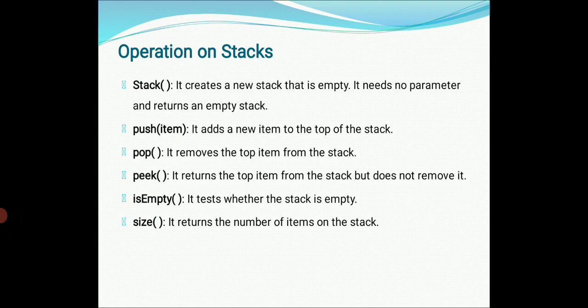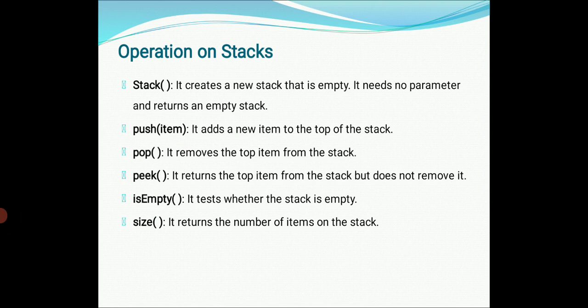Data structures are classified into two types: primitive and non-primitive. Examples of primitive data structures are int, float, char and double. Primitive data structures are those directly operated upon by machine level instructions. This is the definition of a primitive data structure.